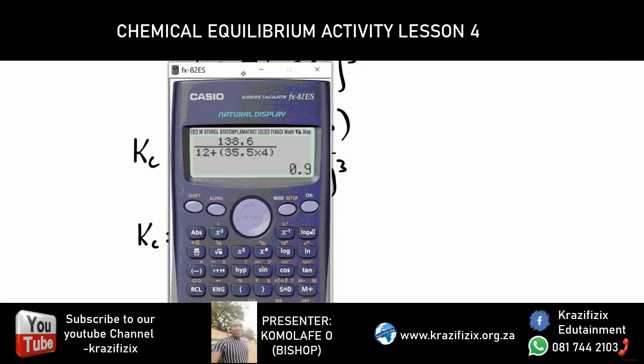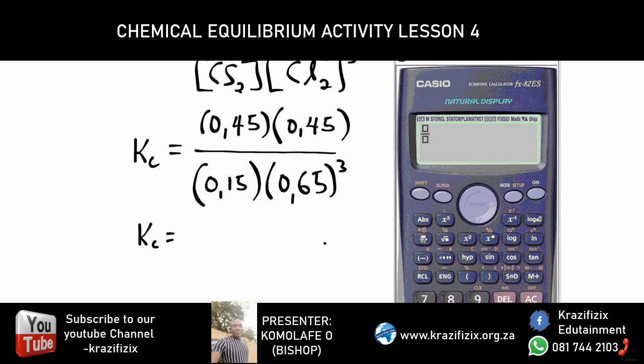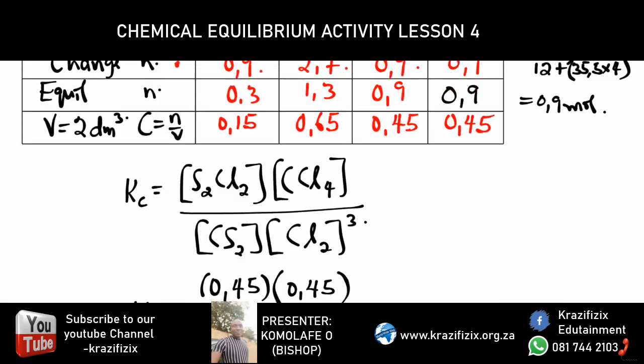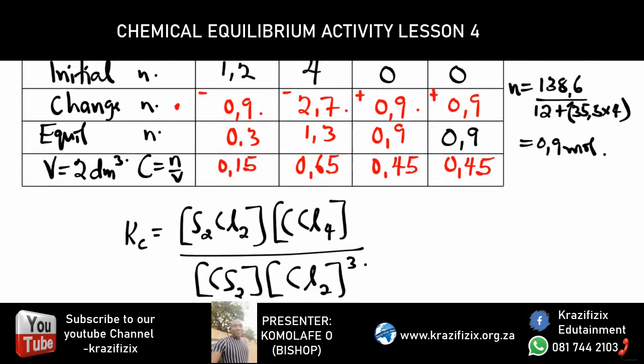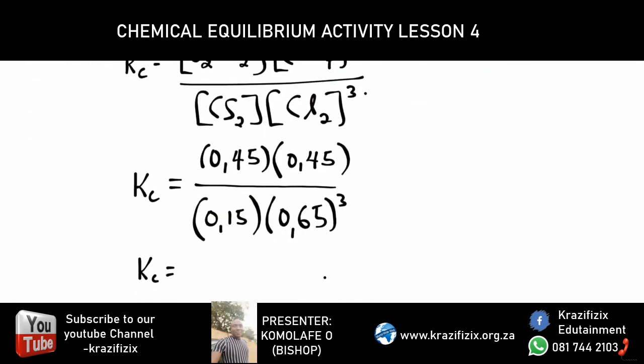Pull out my calculator and work through. All right, so 0,45, close my bracket, 0,45 again. Is it 0,45, guys? I think I'm making a mistake somewhere. Oh yeah, it's 0,45.